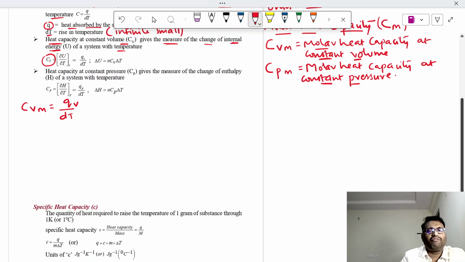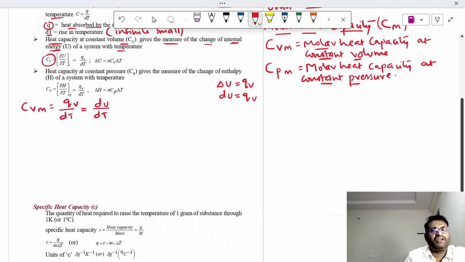In the previous lectures we have seen that delta U is equal to QV for finite change. For infinitesimal change, dU can also be written as QV. So I can write QV is equal to delta U, or dU by dT.